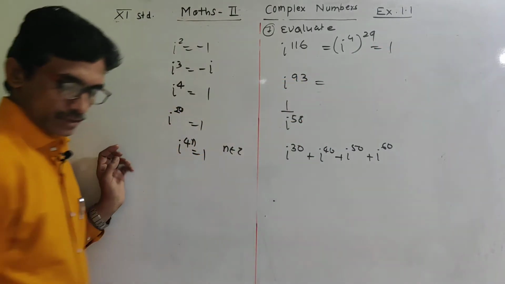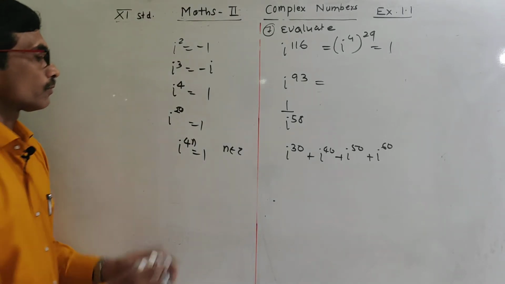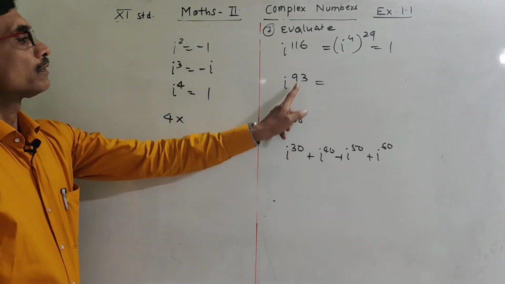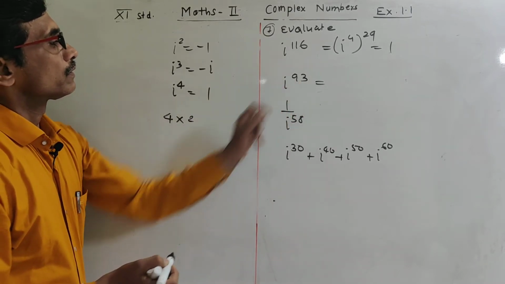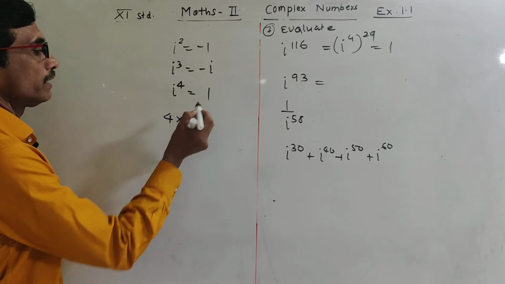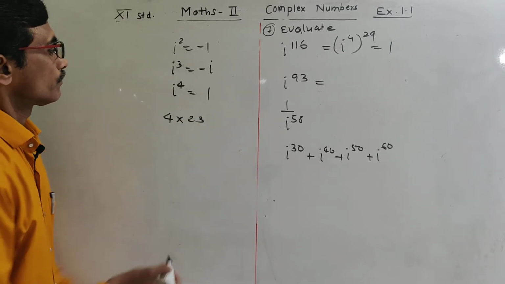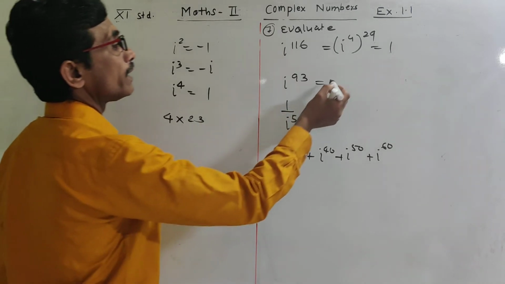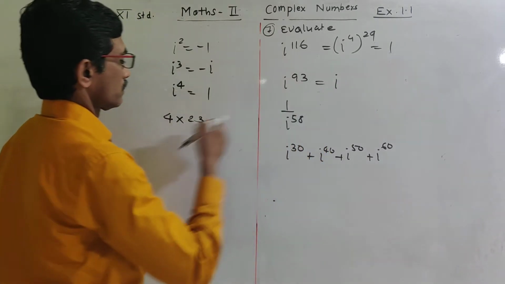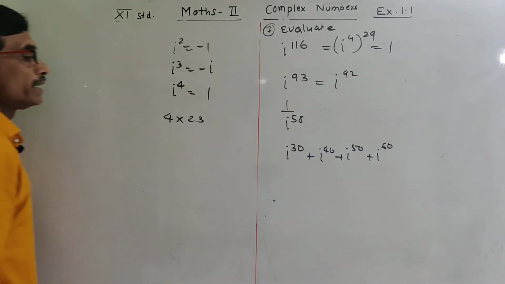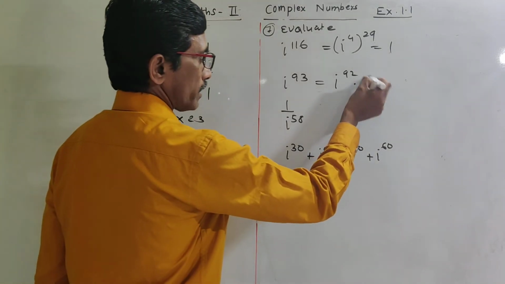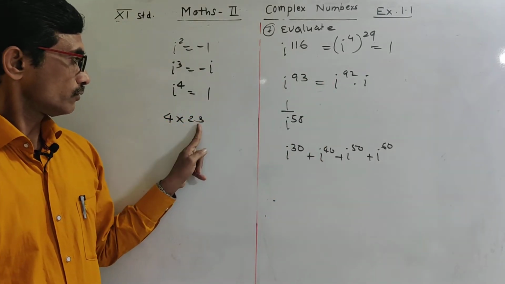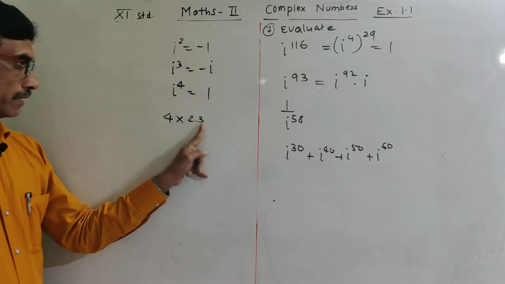Now this, i raised to power 93. Is it divisible by 4? No, it is not divisible by 4, but 93 we can write as 4 into 23, that is 92, plus 1.